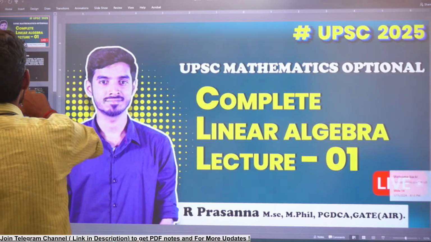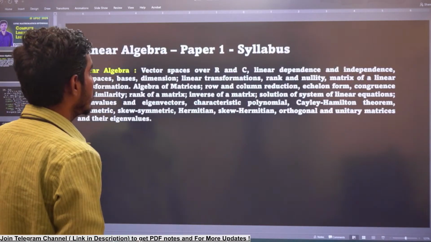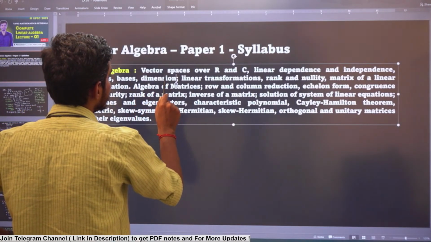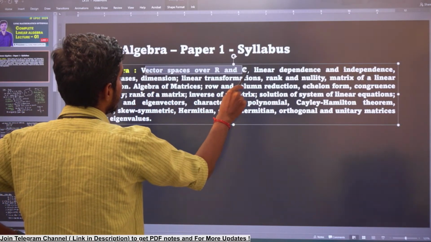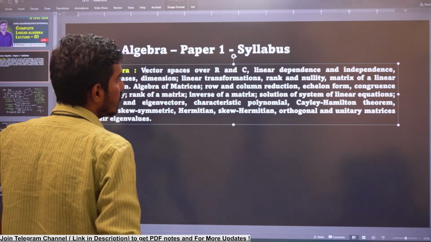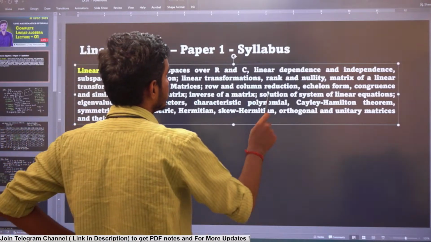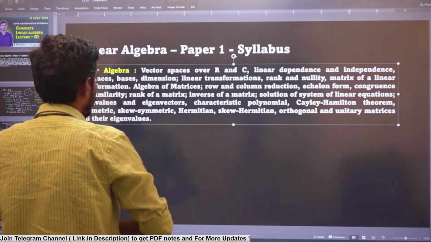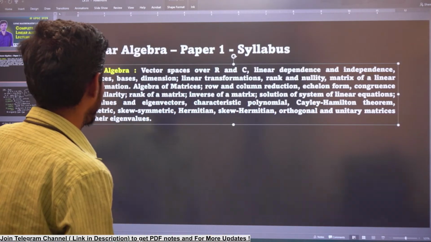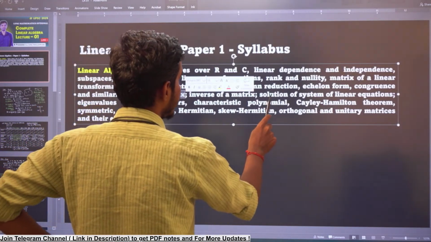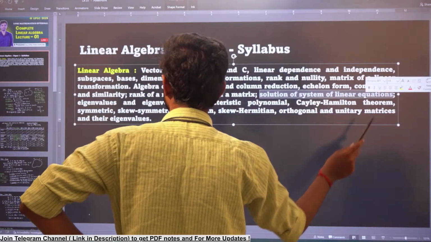You can see the syllabus I gave you in the very first class, right? We have completed vector spaces over R and C. That was the first class. Then we move on to the topic of rank of a matrix and solution of system of linear equations, right?